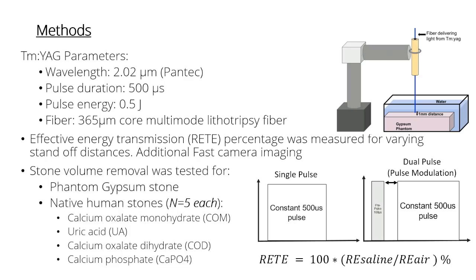With these optimized pulse durations, we tested volumetric stone removal rate in native human stones that are typically seen in the clinic, the COM, uric acid, cystine, and calcium phosphate being some of the examples here.